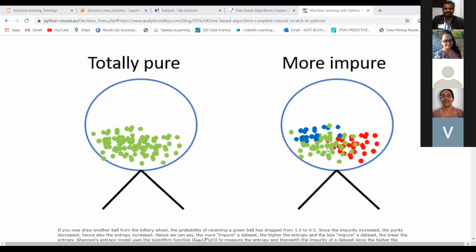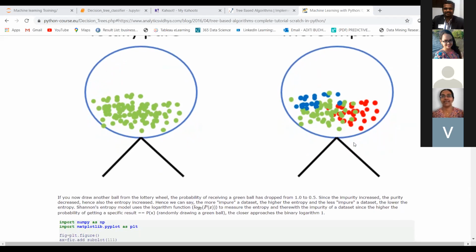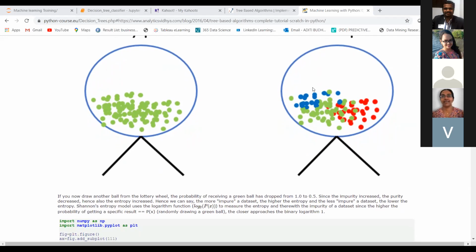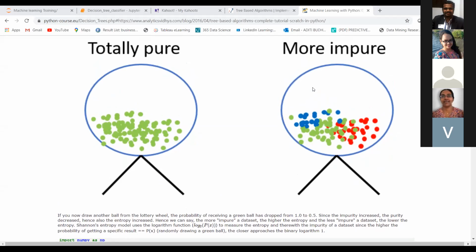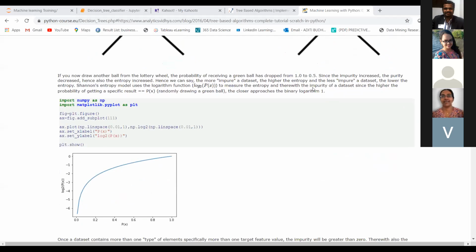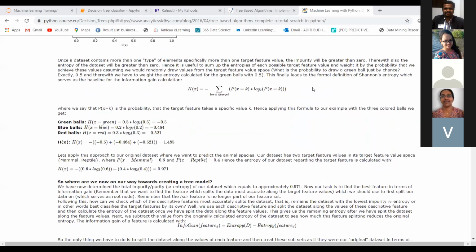So this is more impure, which means that this particular circle would have a higher entropy value. The more impurity present in your data set, the more is the entropy value that you will get. So this is the concept of entropy from a very high level. And now let us understand how it is calculated.